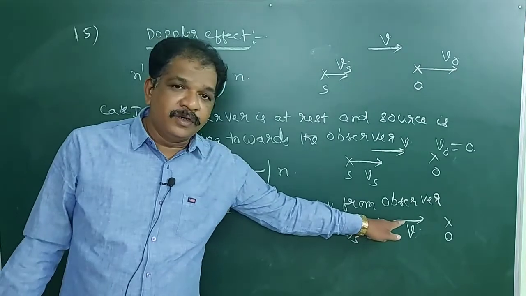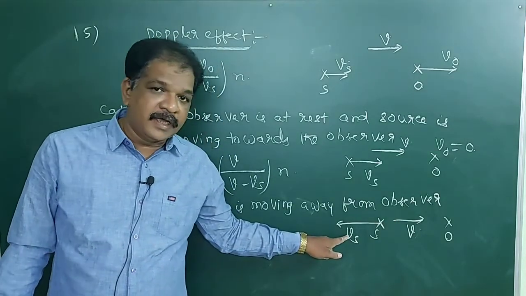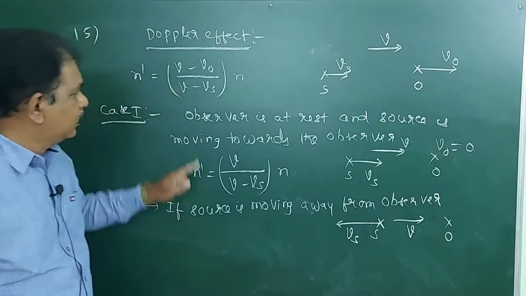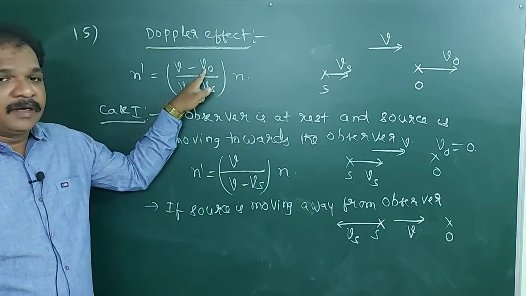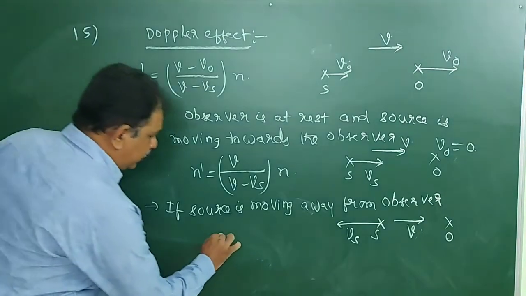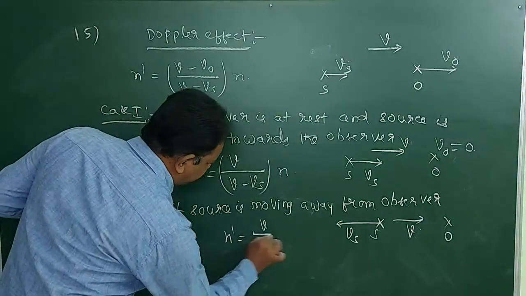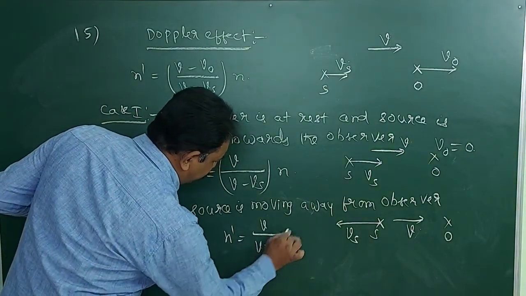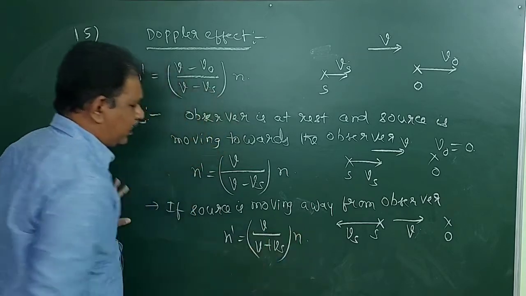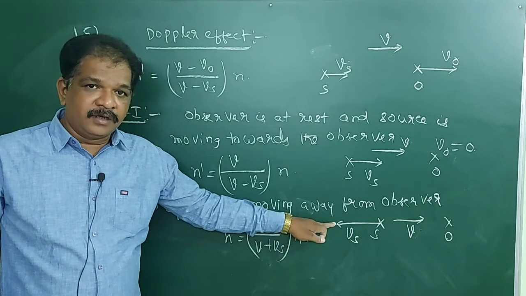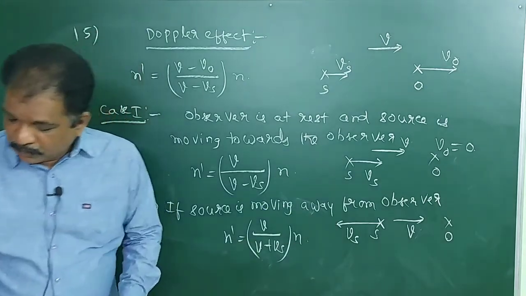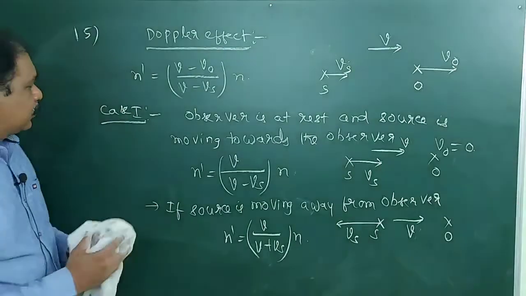These two are in opposite directions, so take Vs as minus Vs. Here minus of minus means plus Vs, and VO becomes 0. So N dash is equal to V by V plus Vs into N. Here the source is moving away from the observer and the observer is at rest.